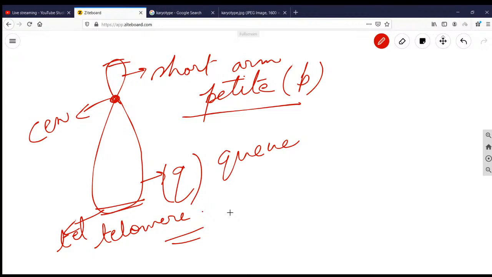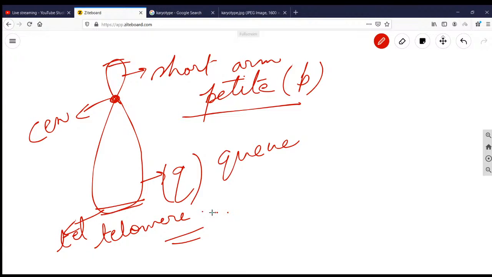Now when we come to the numerical aberrations, I'm not going into structural aberrations; structural ones will also be dealt with.